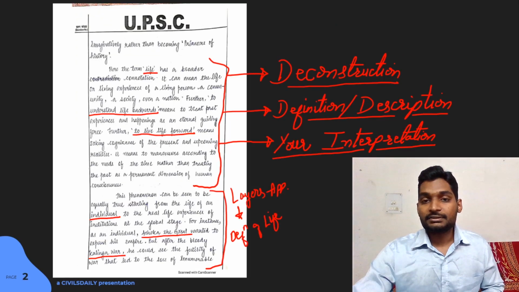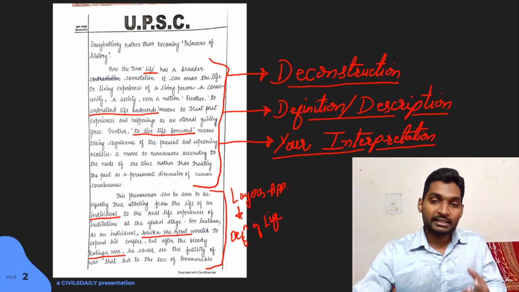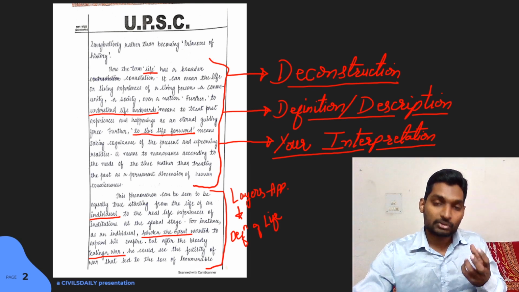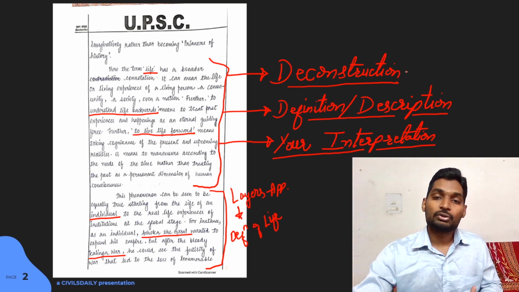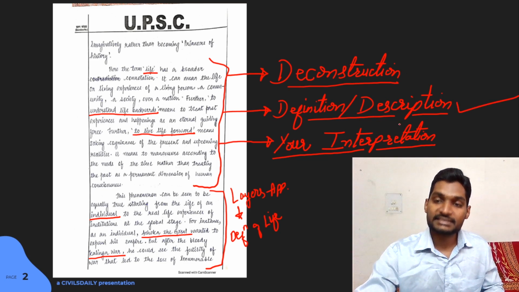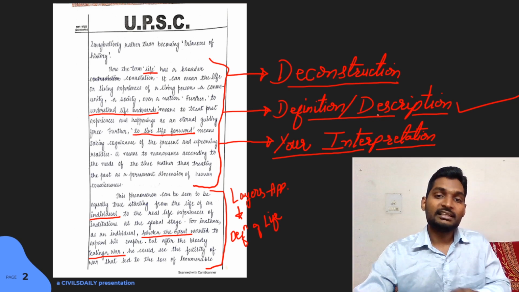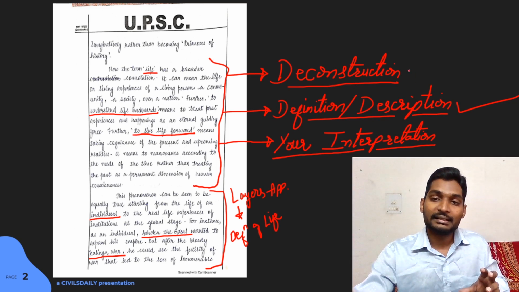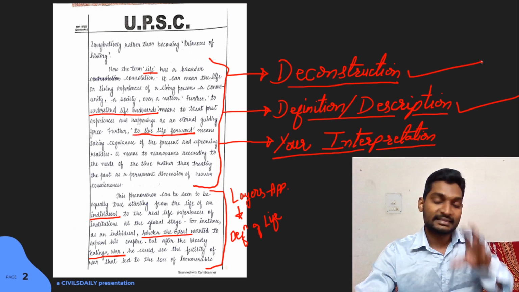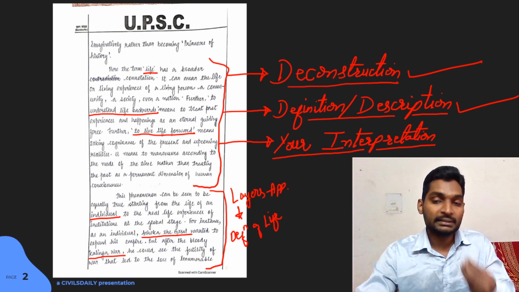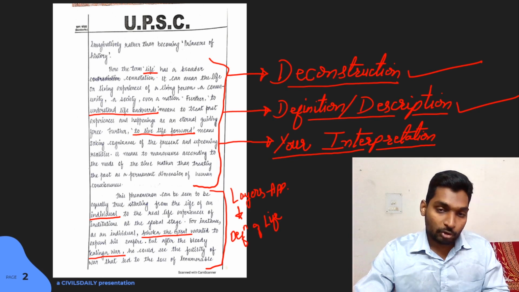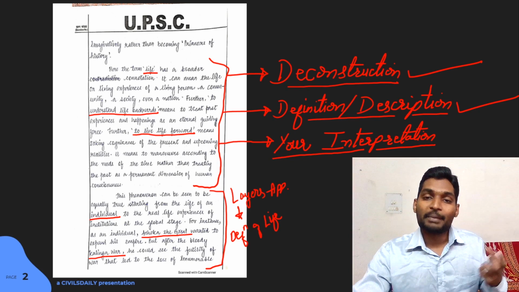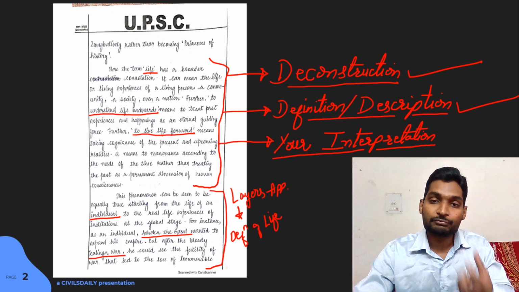After the introduction comes a very important component of your philosophical essay, the second paragraph, which we also term the definitional paragraph. Basically, we are involved in deconstruction in this paragraph. Now, what do I mean by deconstruction? Taking the example of this very topic, life must be understood backwards and it must be lived forward.